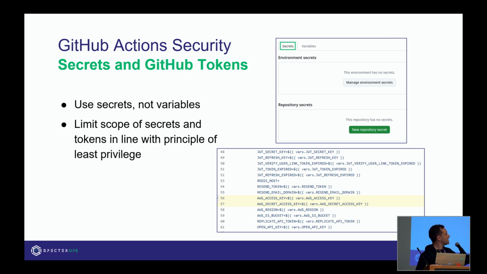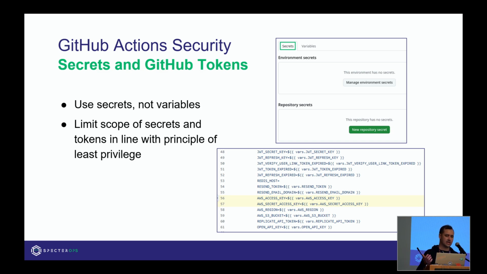Now, if we look in the top right, we have secrets and variables. When you add these to your repository, you can choose to add secrets or variables. It does not protect the variables in the same way that it protects the secrets. So if something errors, any of these pretty juicy looking secrets could be exposed.